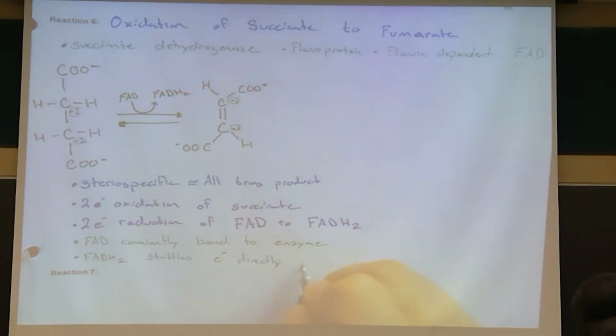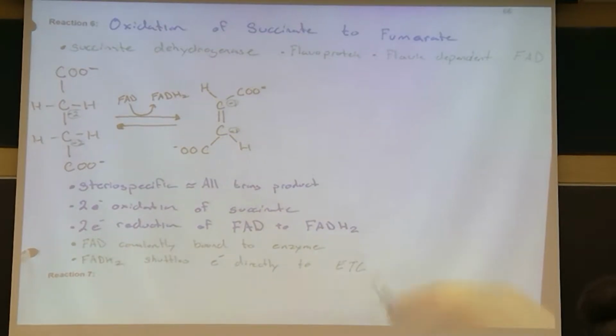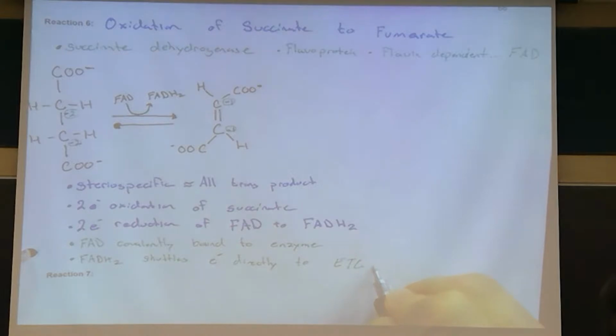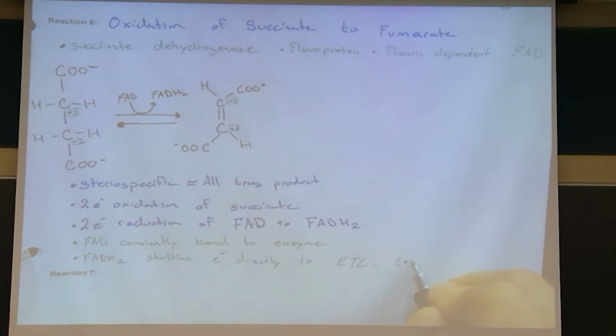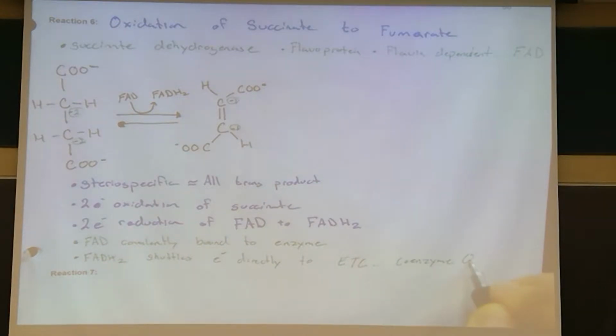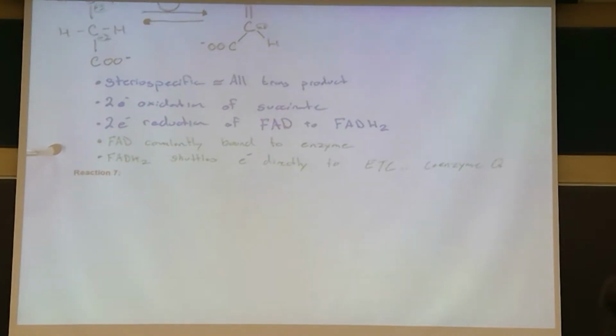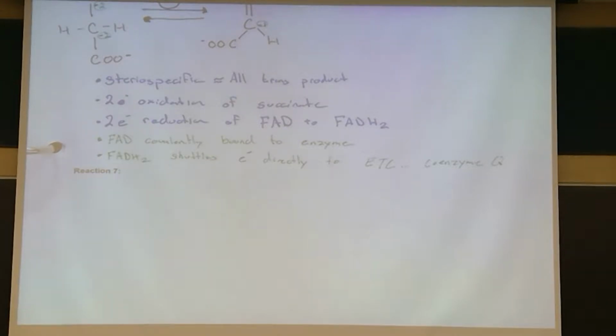FADH2 shuttles the electrons directly to membrane-bound coenzyme Q in the electron transport chain. So it's coenzyme Q. We'll get to this in more detail when we talk about the electron transport chain.